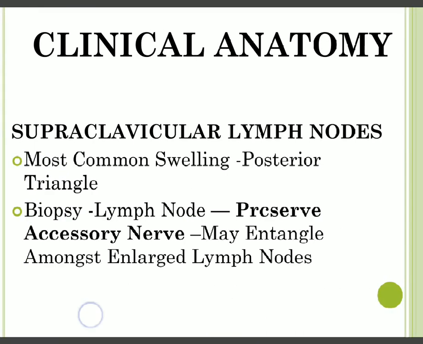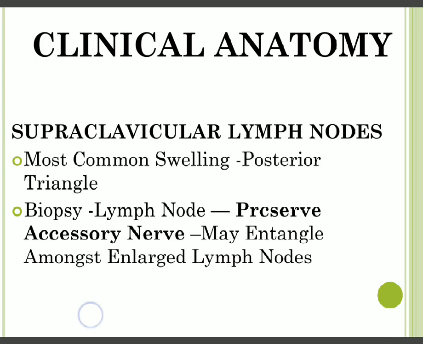The most important clinical condition associated with this posterior triangle is, as it contains lymph nodes, the supraclavicular lymph nodes. So the most common swelling in the posterior triangle is because of these lymph nodes.